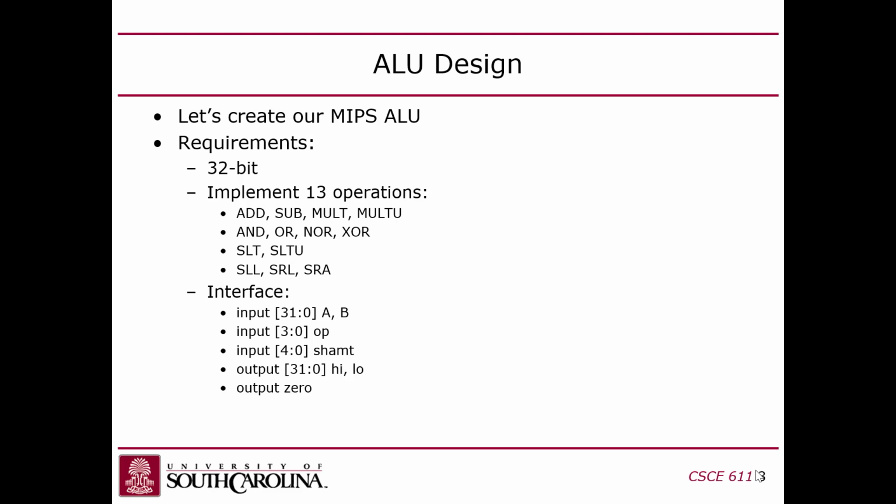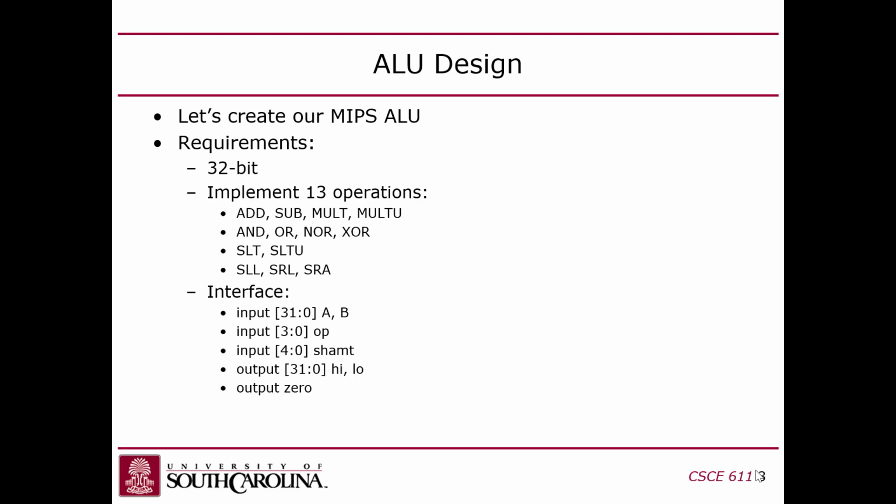And then there's a single bit output called 0 that is a flag that indicates whether the result of the operation you performed on low is 0, and it's a flag, so it's a 1-bit signal. It's either yes or no, true or false. Make sense? So that signal is going to be used when we're implementing branch instructions, and that will be our branch resolution signal.